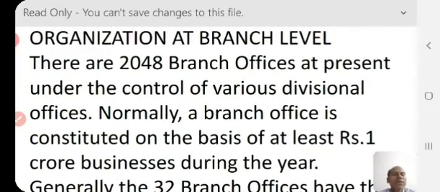So the functions at the branch office level are, through the insurance agents, they receive the proposals from the public, that is from the policyholders.